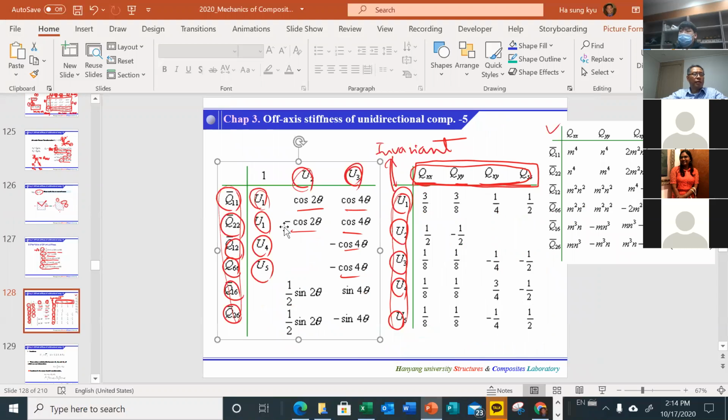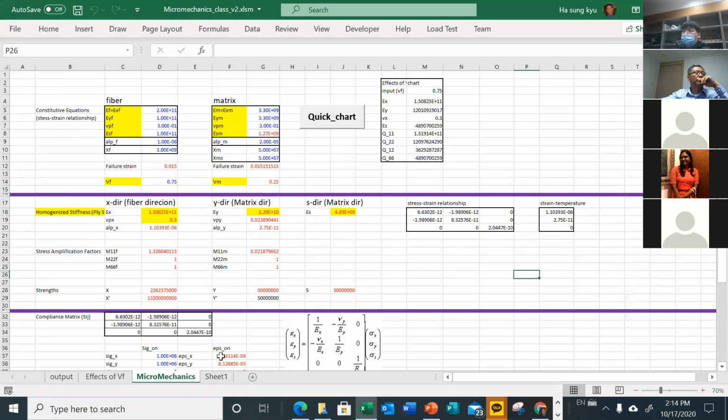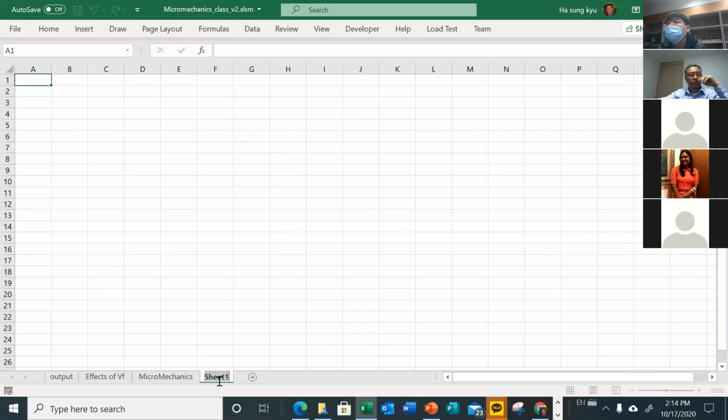And we're going to use this table. Let's say this is the O-axis.